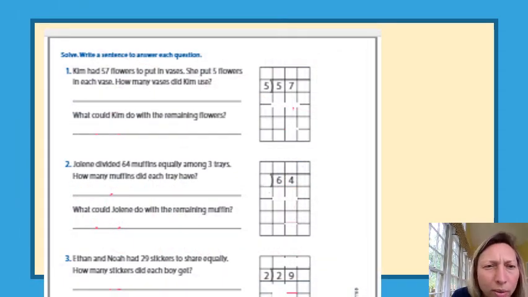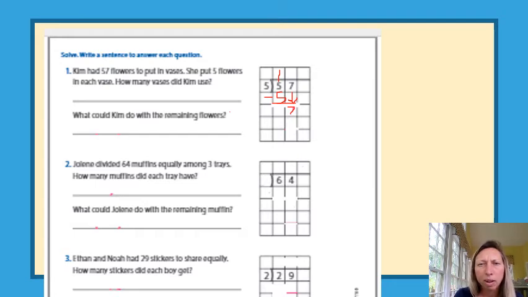Kim had 57 flowers to put in vases. This is your next page. She put 5 flowers in each vase. How many vases did Kim use? All right, so 57 divided by 5. I know 1 times 5 is 5. Subtracting, and I get 0, so I can bring down my 7. You can also put a 0 there to subtract.